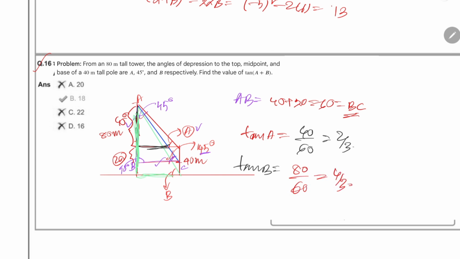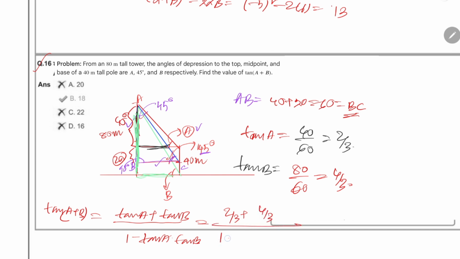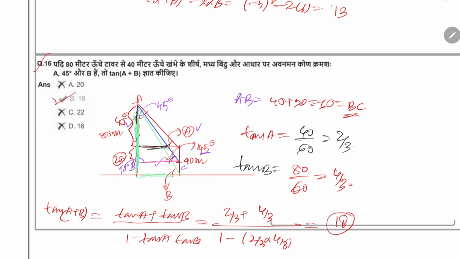Now tan A plus B is equal to tan A plus tan B divided by 1 minus tan A multiplied by tan B. So the value will be 2 by 3 plus 4 by 3 divided by 1 minus 2 by 3 into 4 by 3. So the final value is about 18. Option B is correct.